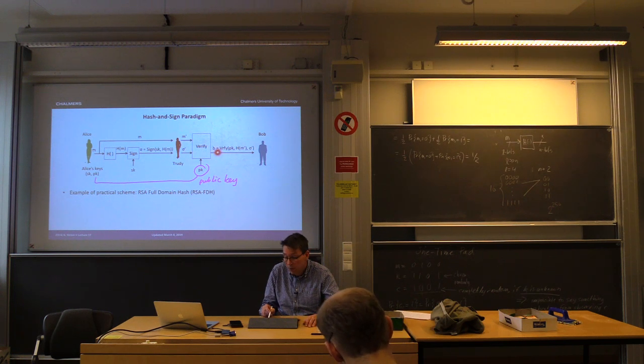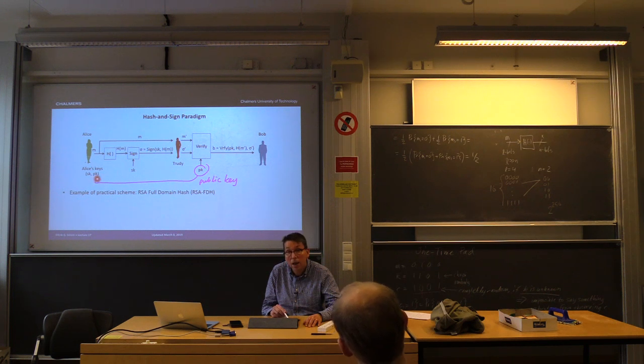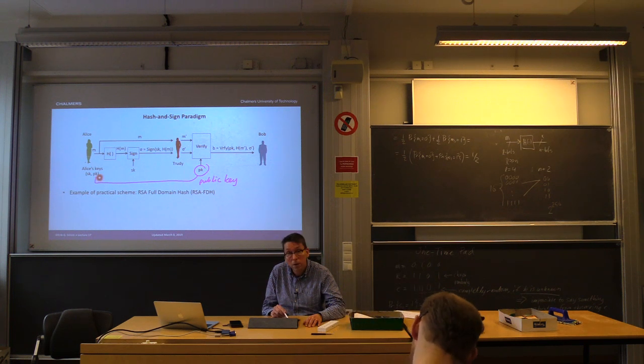If everything seems okay, Bob can be sure that M prime is data which is signed by somebody having access to SK, the secret key to which PK, the public key, belongs. Right? So this is known.